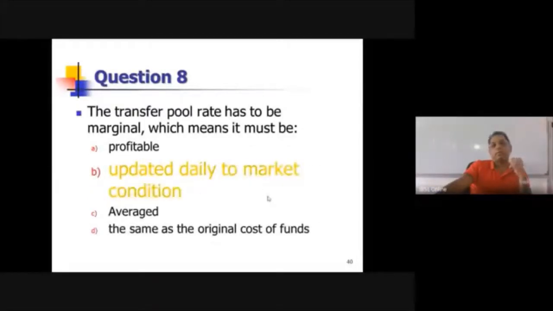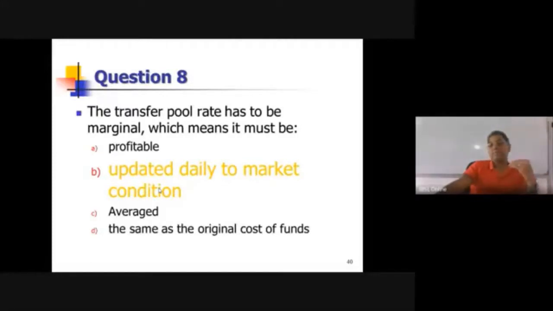So what it means is when you say marginal, you're looking at the next best rate that you can borrow and lend at. So in other words, yes, it could be profitable, but if you have a borrowed portfolio that is losing money, that also has to be reflected in the rate that you take in the market today.